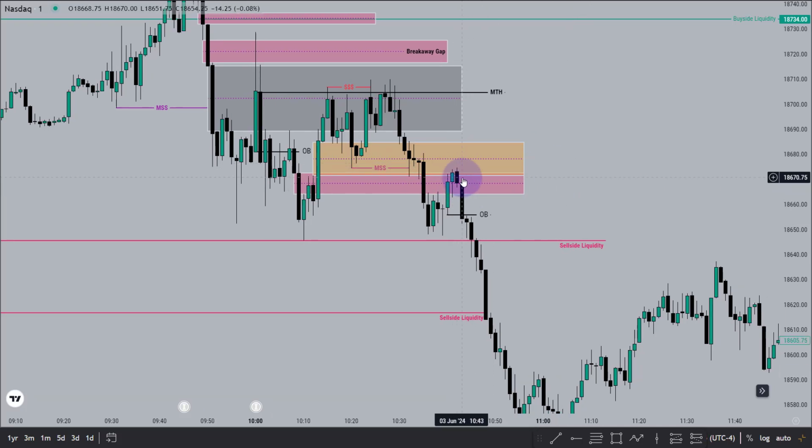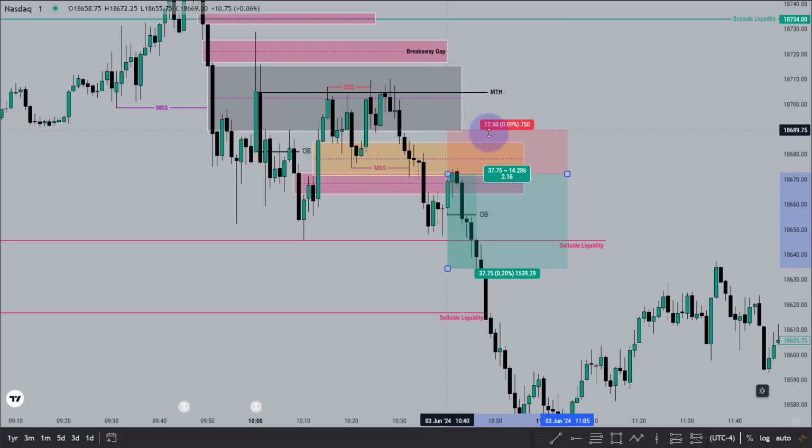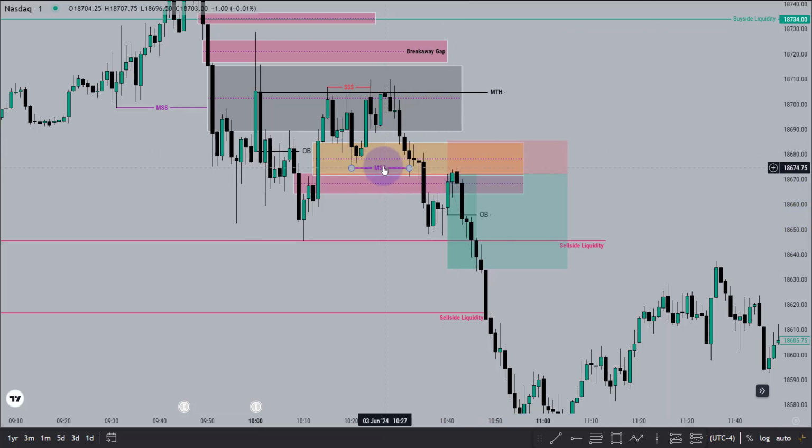Here is the part where you are able to take another entry depending on that inversion fair value gap. What is that entry? You have to take your entry when it will tap to this fair value gap low, this upper fair value gap low, and you should cover the whole fair value gap. Just one tick above this fair value gap, because market should not close this fair value gap perfectly.